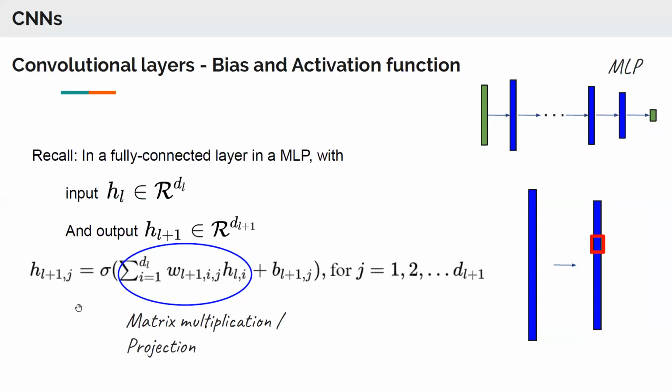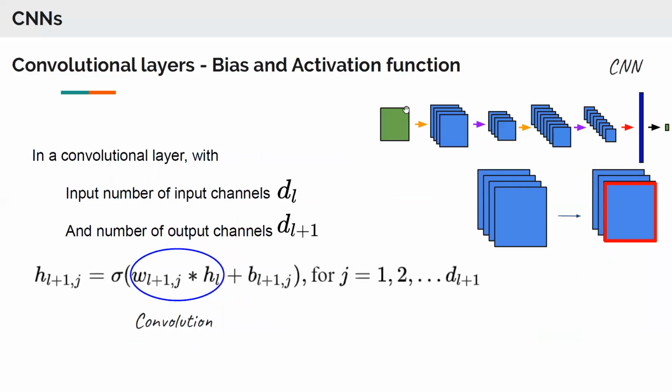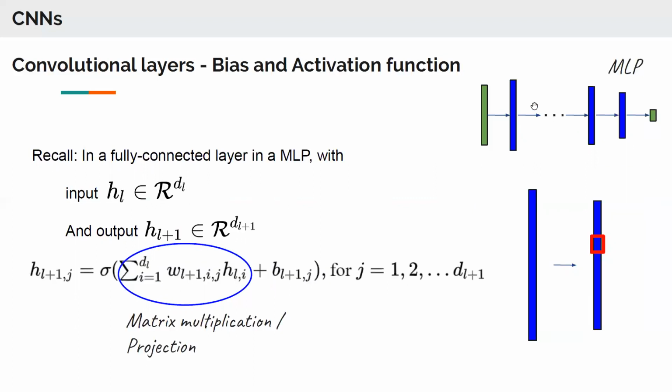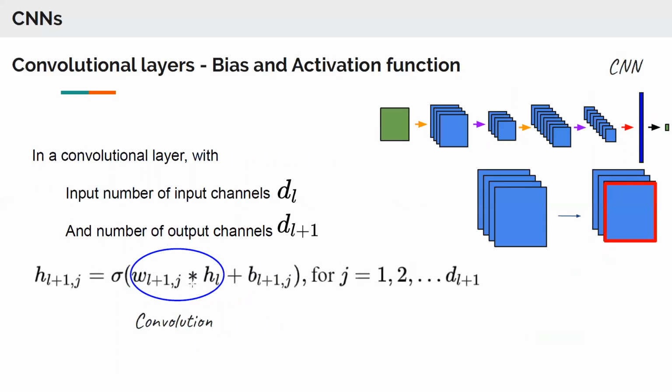So what happens in CNNs that is different from MLPs is that, first of all, these vectors get replaced by matrices. And second of all, this matrix multiplication here gets replaced by a convolution operation.